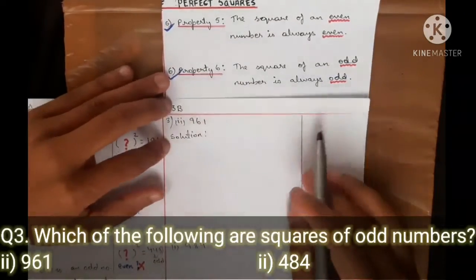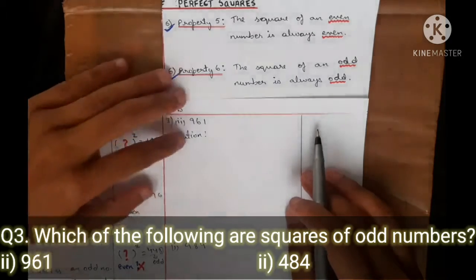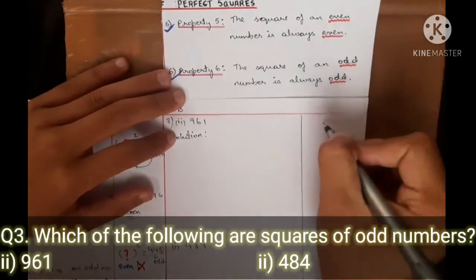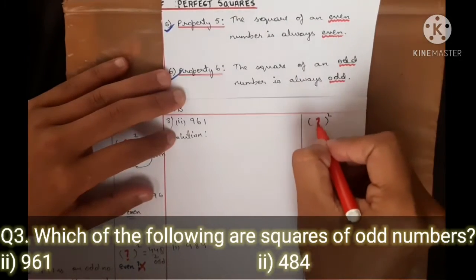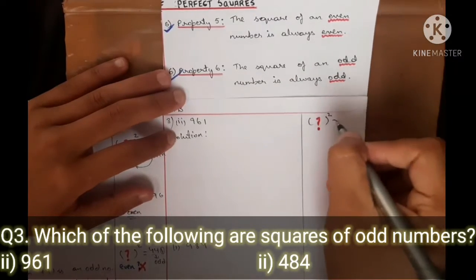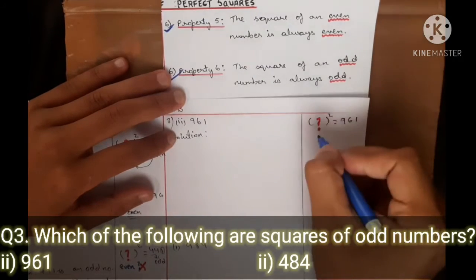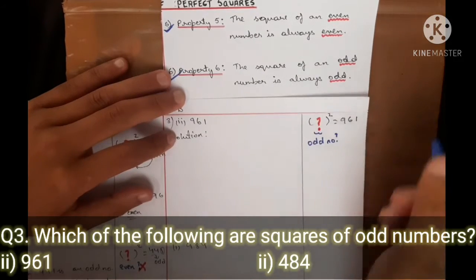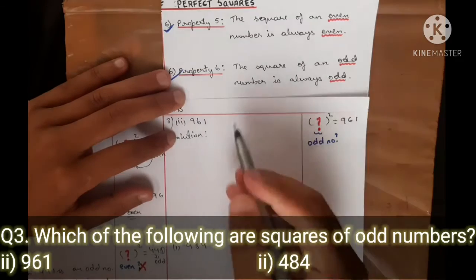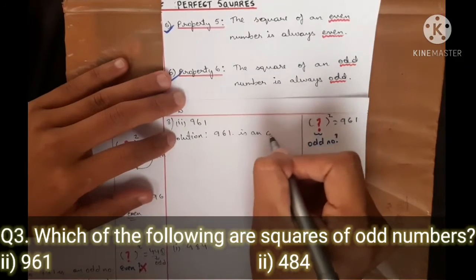Next, question number 3. Which of the following are squares of odd numbers? Number 1, 961. Here we have to find a number such that when we square it, we get 961, and whether this number is an odd number. 961 is an odd number, isn't it?